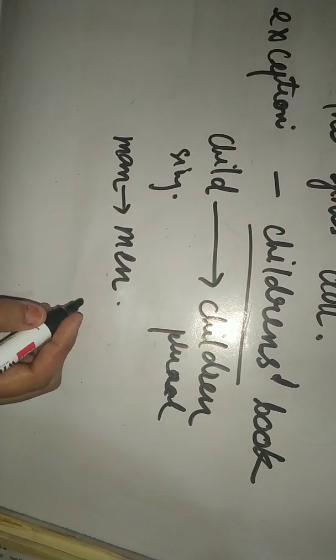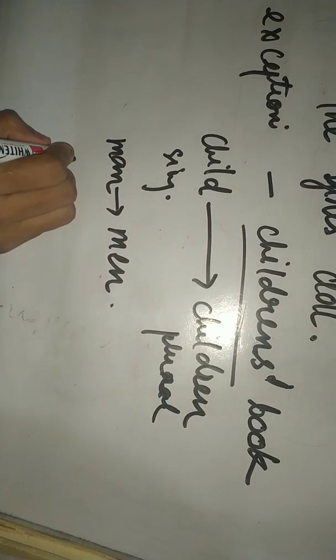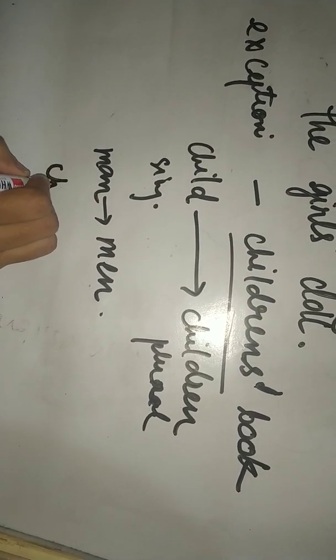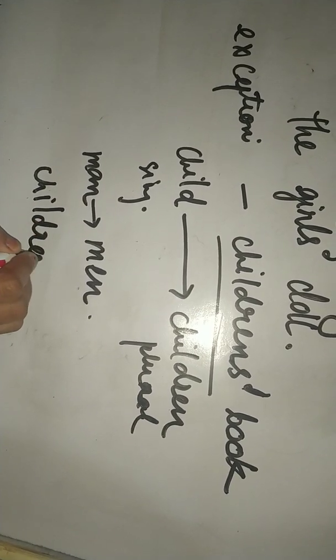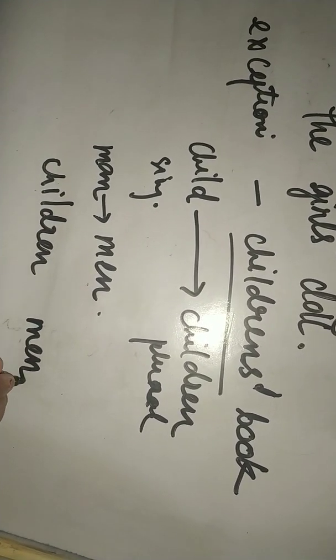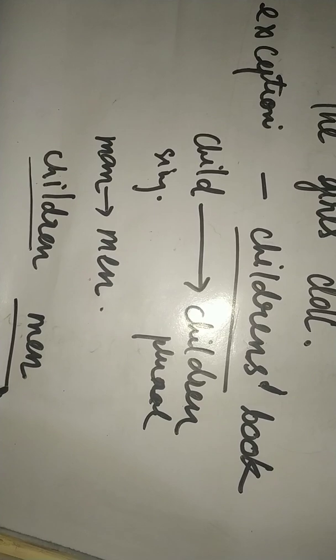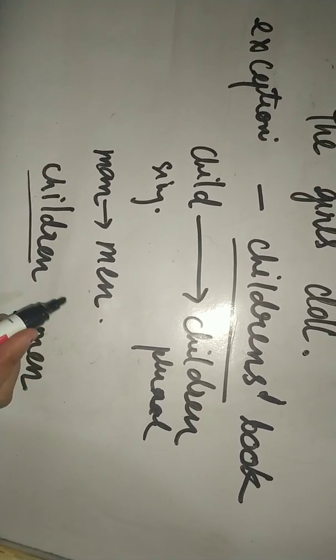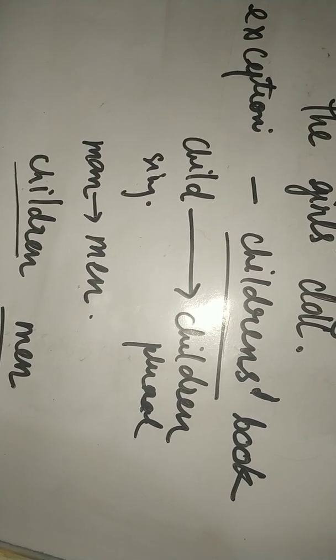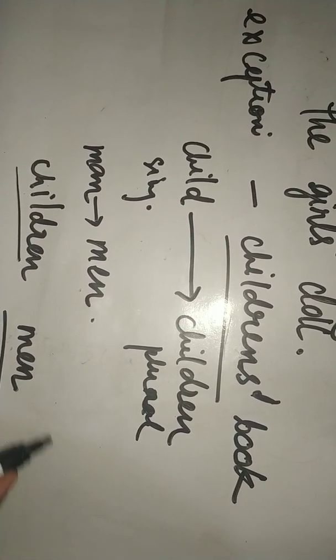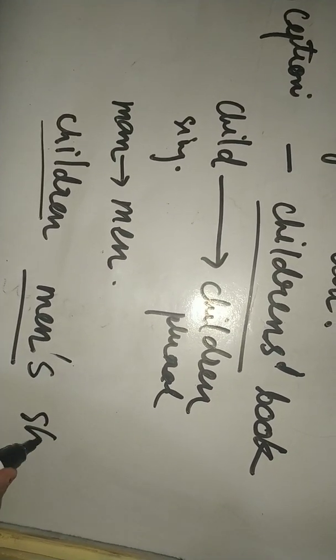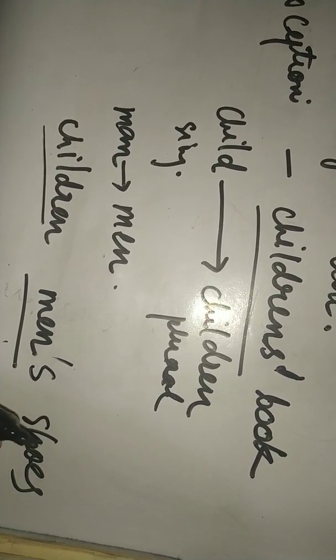In plural form we also write children and men. Both these are plural, so we don't add the apostrophe after the word, we simply write men's shoes. See, the first rule says that if a plural noun ends with s or es, then we add the apostrophe after the s.